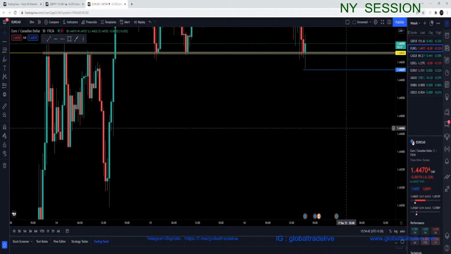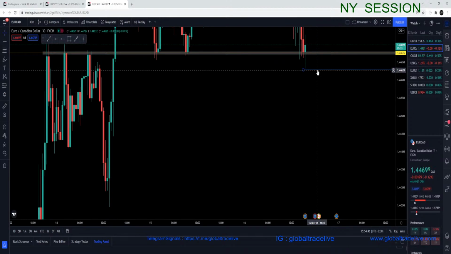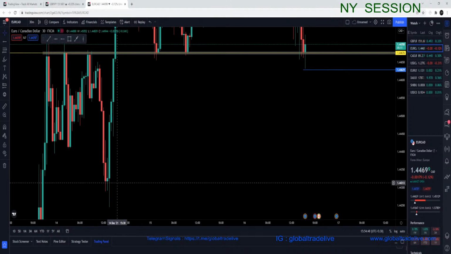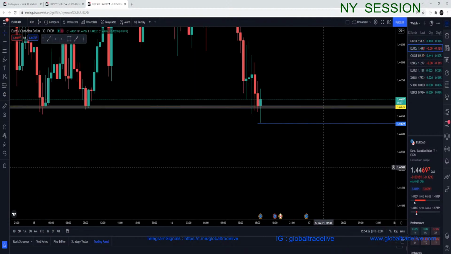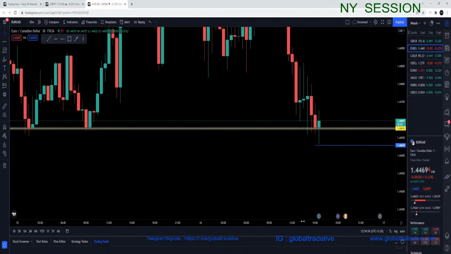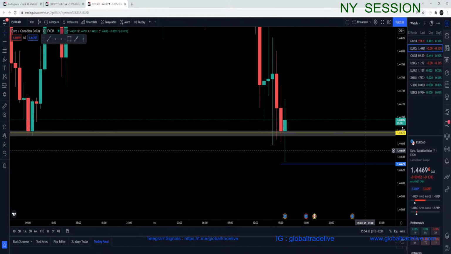And in this area, I'm gonna wait for the market to go all the way down into this area. Once the market reaches this area, I'm gonna close everything at that point. But till then, I'm gonna keep my trades open. So yeah, that's the idea.